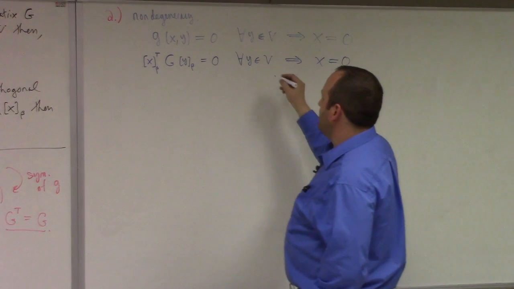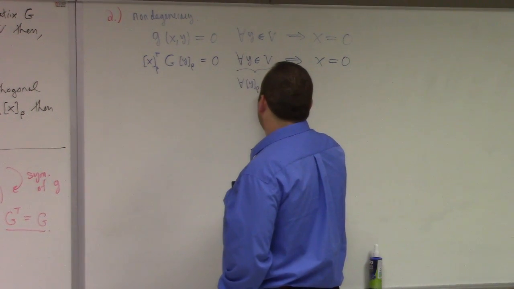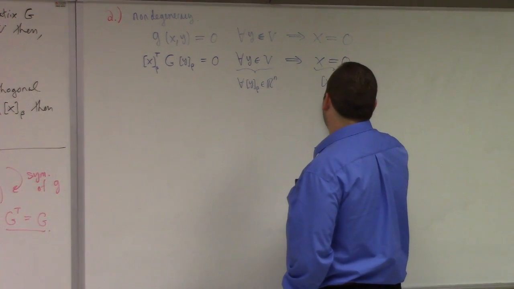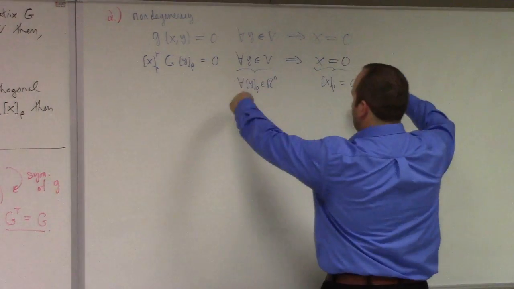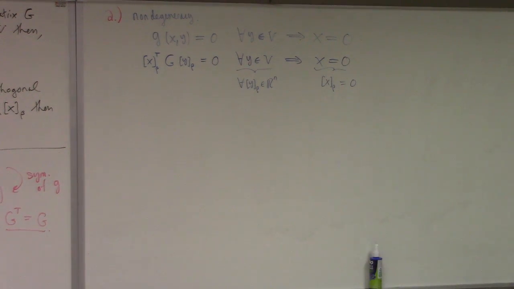But this you could trade for all y beta in R^n. And this would imply that the coordinate vector is equal to 0, just the same. These are interchangeable. If you're going through all vectors in the vector space, you're also going through all possible coordinate vectors in R^n for an n-dimensional real vector space. Same song and dance.